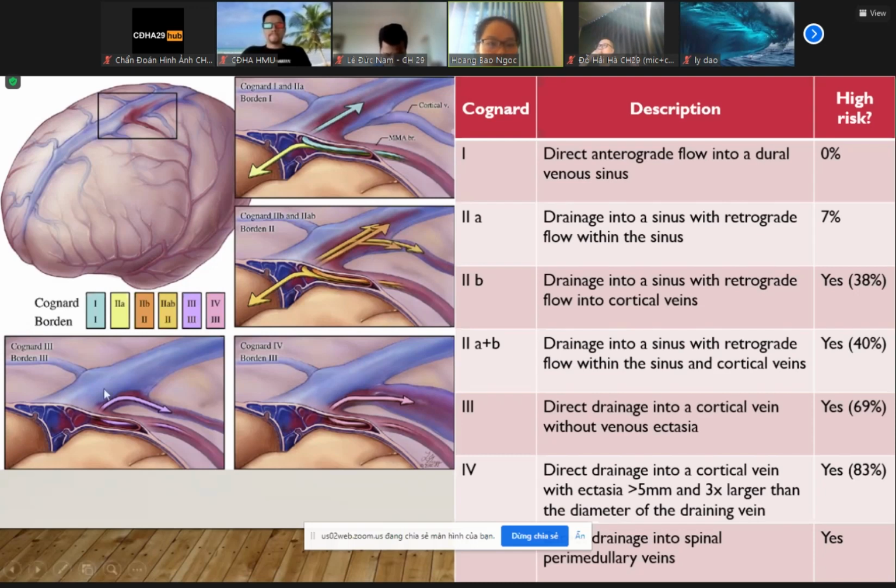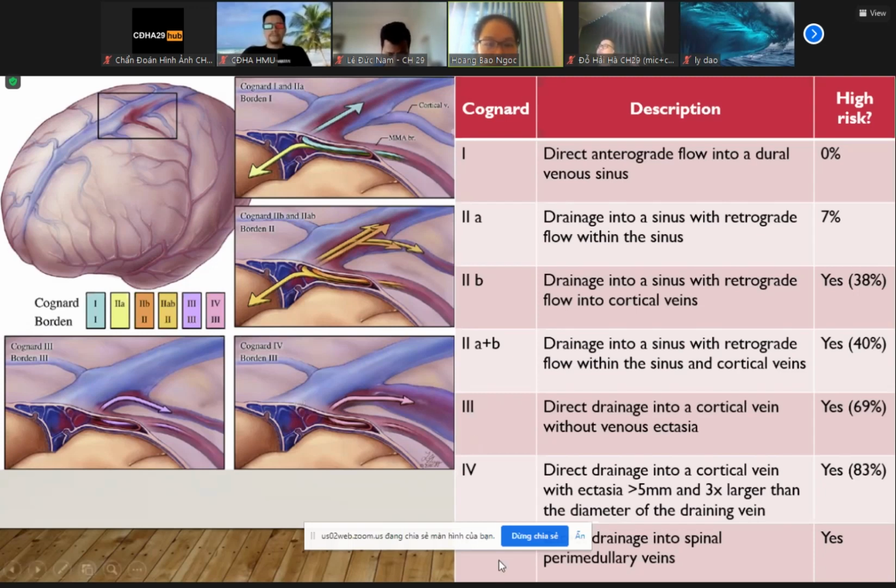For Cognard type 3, there is direct drainage into the cortical vein without venous ectasia. Type 4 is direct drainage into the cortical vein with ectasia more than 5 millimeters or 3 times larger than the diameter of the draining vein.